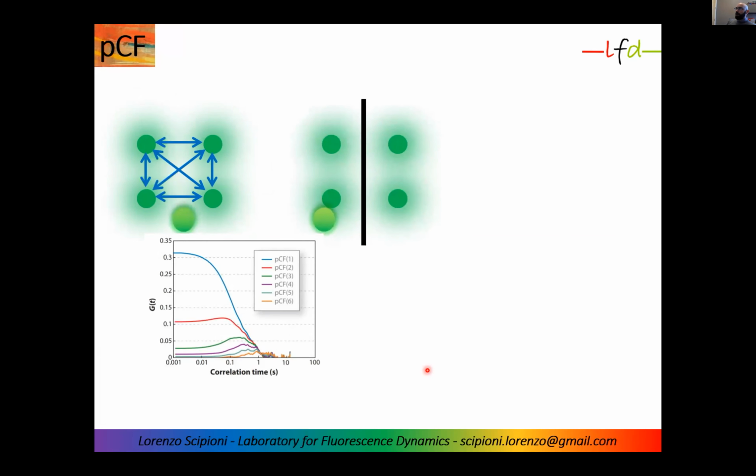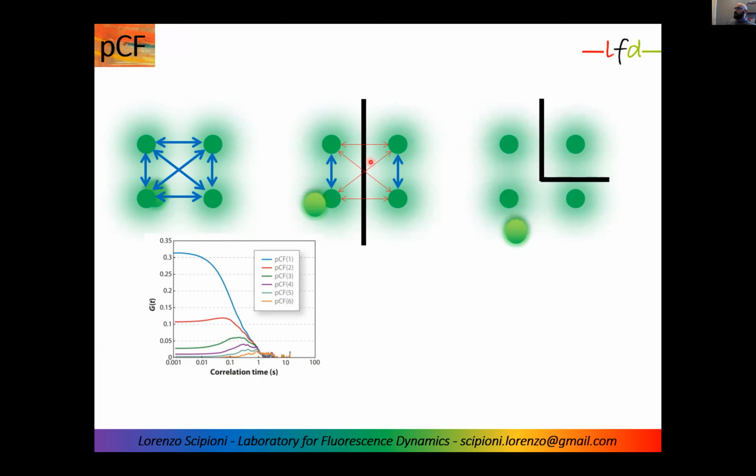If you have an impenetrable obstacle, you will see connection only, in this case, in the vertical direction and not across the obstacle. If you have a barrier, here, in this case, you won't see any connection between these points and these points. You will see a slower connection between these two because it has to go around.